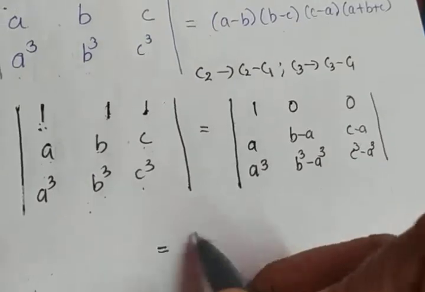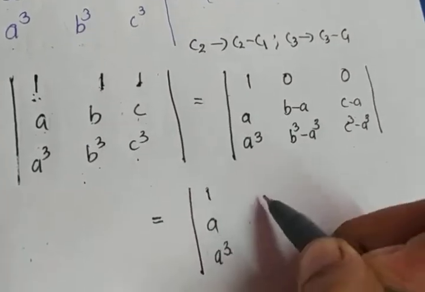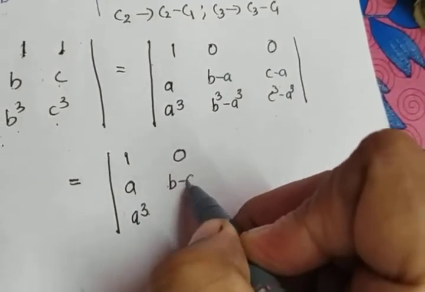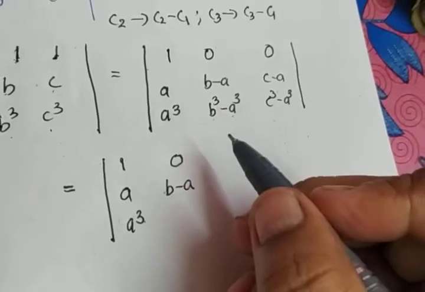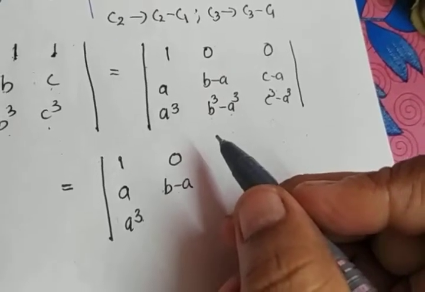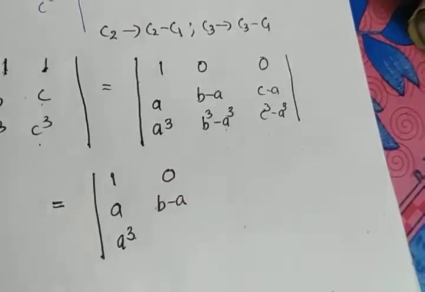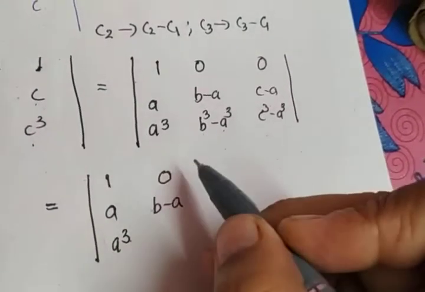So this is equal to the determinant with first column 1, a, a cube. In the second column, the first term is 0, the second term is b minus a, and instead of b cube minus a cube, we use a formula, a cube minus b cube is equal to (a minus b)(a square plus ab plus b square). There was one factorization which we studied in previous classes.